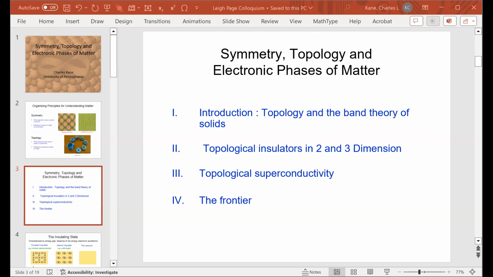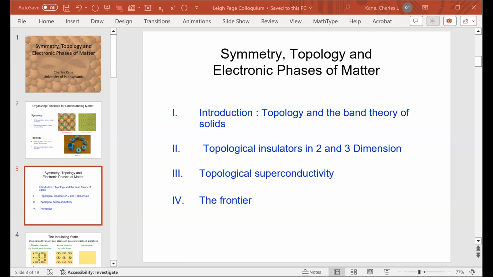So what I'm going to do is start off telling you about how topology fits into the band theory of solids. That's the context in which topology and symmetry have this great interplay for electronic materials, and so that'll lead me into a discussion of topological insulators in 2 and 3 dimensions, and topological superconductors, which one can understand in a similar way.